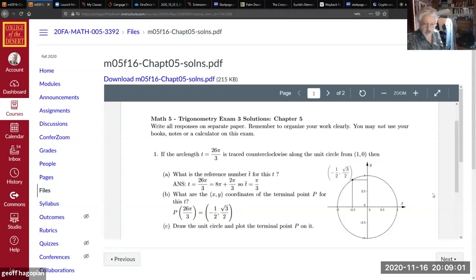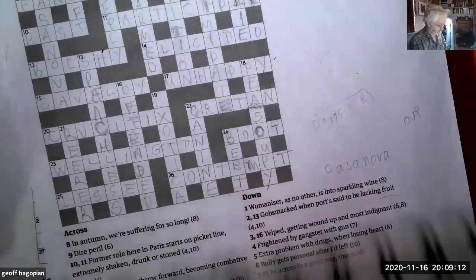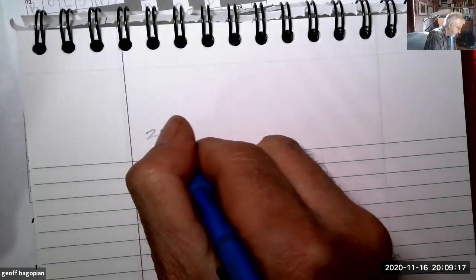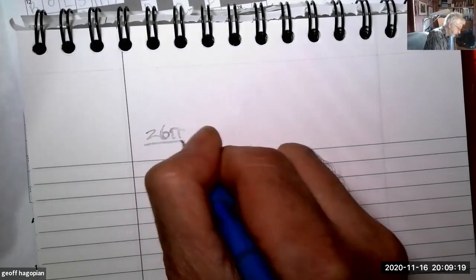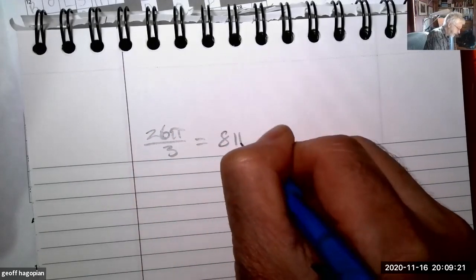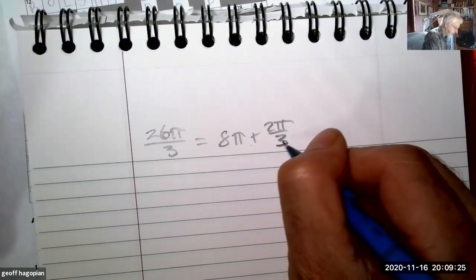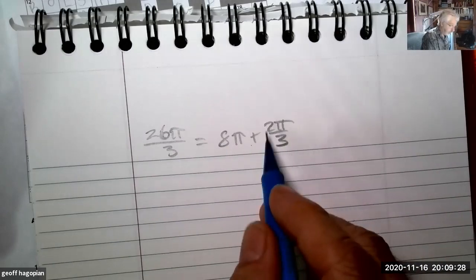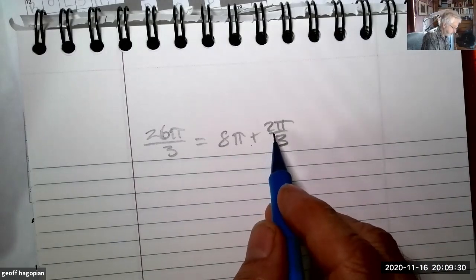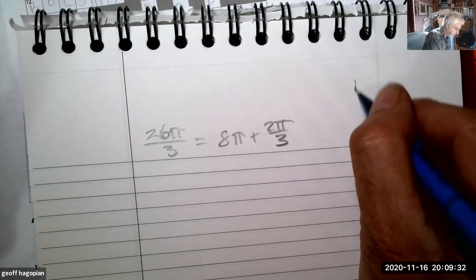Let me write that out for you. If you've got 26 pi over 3, that's 8 pi, which is 24 pi over 3, plus 2 pi over 3, right? So this is the terminal point on the unit circle.